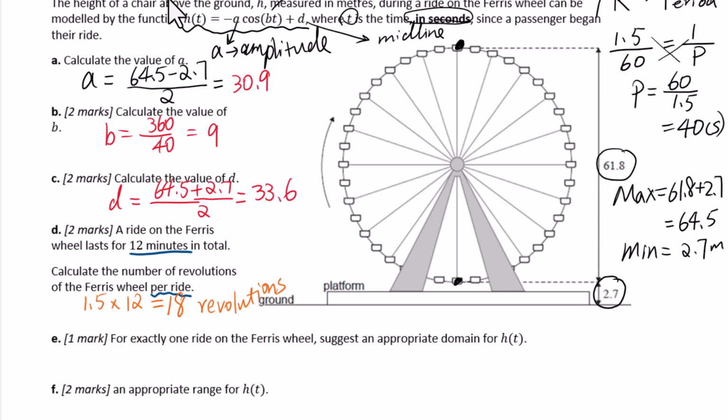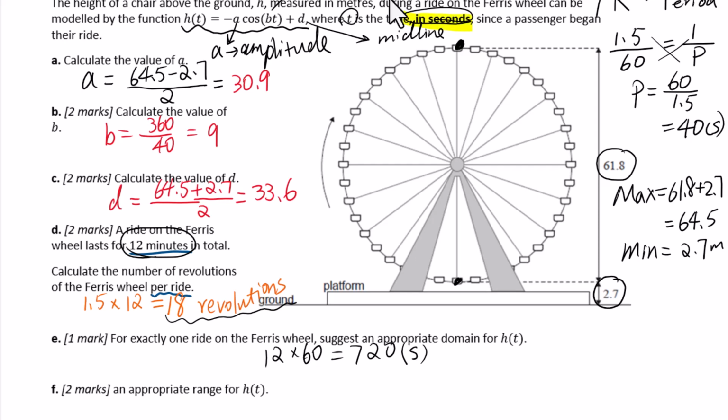E. For exactly one ride on the Ferris wheel, suggest an appropriate domain for h of t. Since one ride will take 12 minutes, 12 minutes will be 720 seconds. The unit is in seconds.